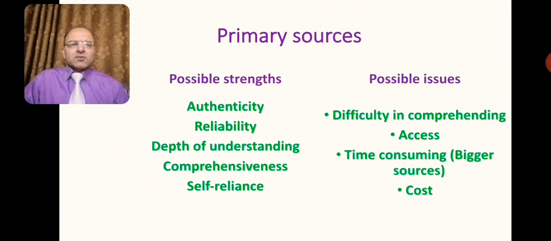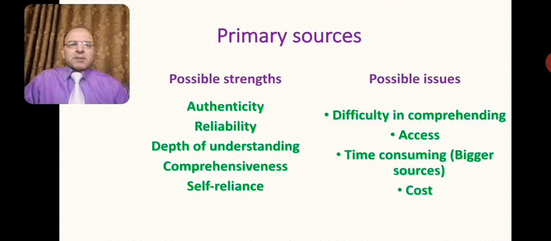Similarly, access could be an issue. In many cases, it's difficult to have access to primary sources. This is the case with students who study in universities where the library system or the digital resource system is not very well developed, and so you might have problems of access to the primary sources.